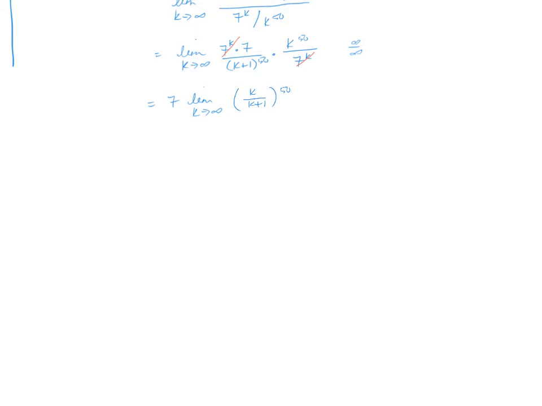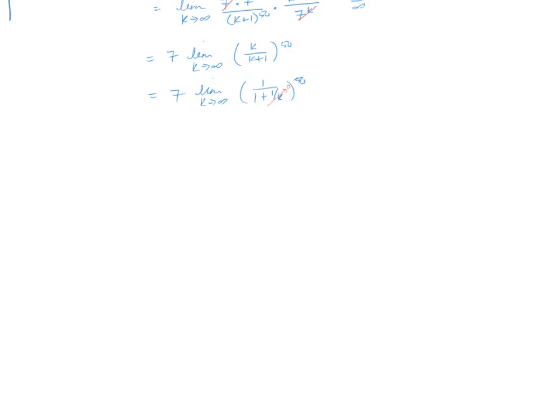Now I still get infinity over infinity inside the parentheses, but what I can do now is divide the terms, top and bottom, by k to get 1 over 1 plus 1 over k to the 50th power. And now when I take the limit as k goes to infinity, the 1 over k goes to 0. So this limit is going to be 1 to the 50th power, which is just 1.